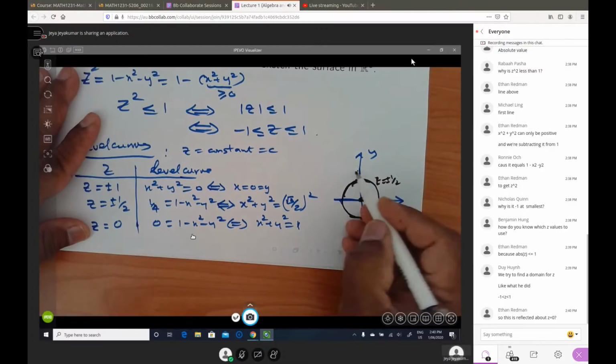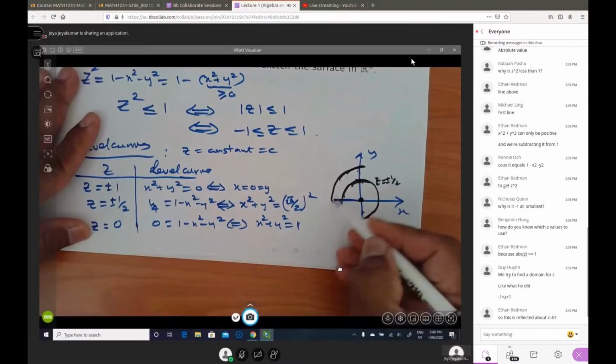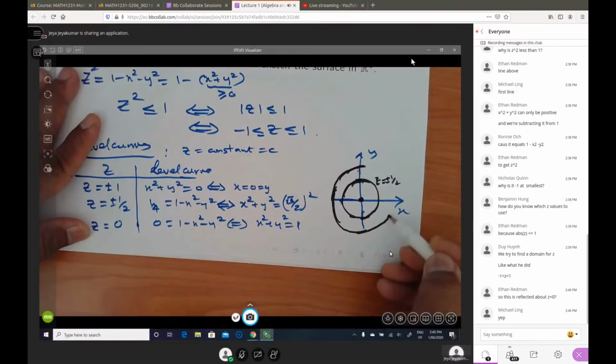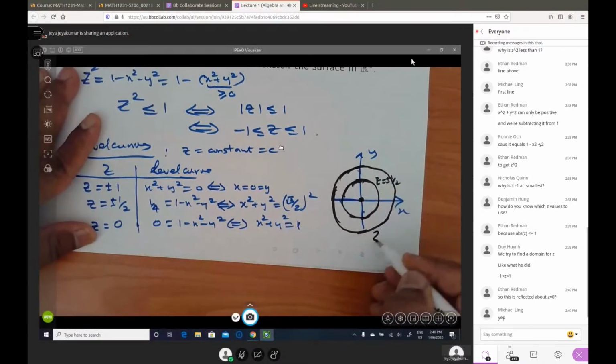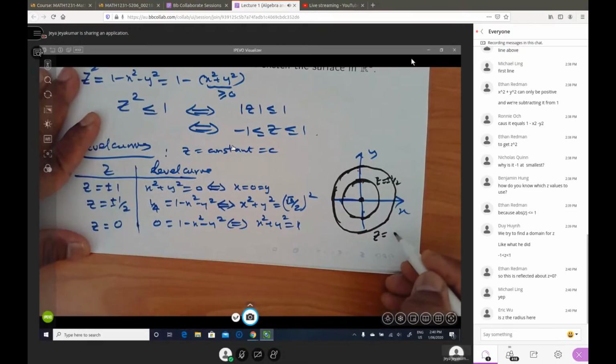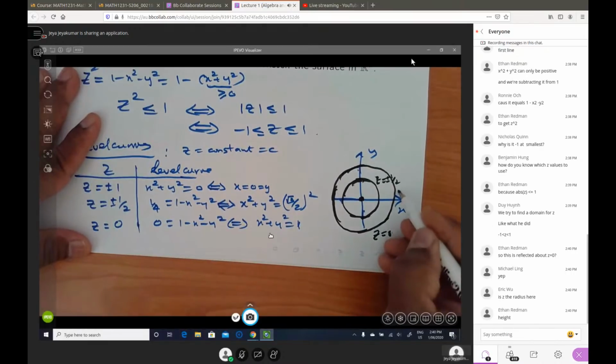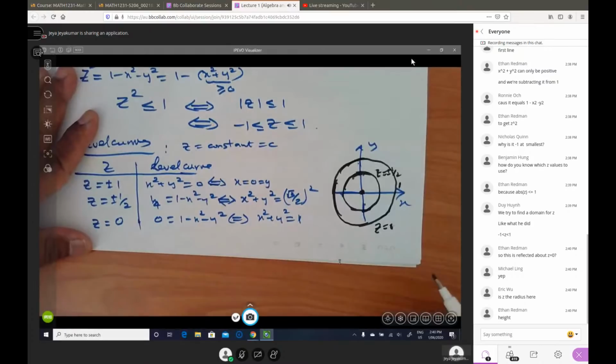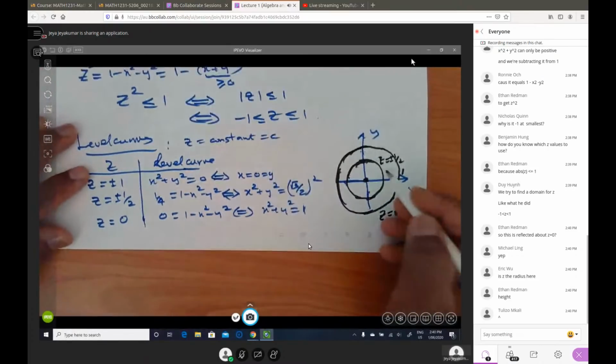And if z equals 0, you have x squared plus 1 equals 1. Okay, so this is plus or minus half.